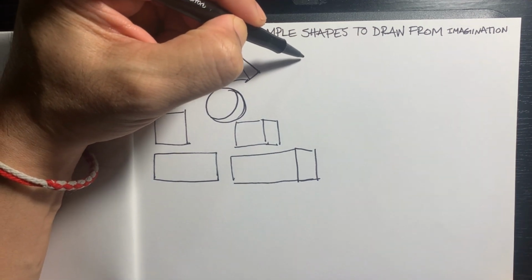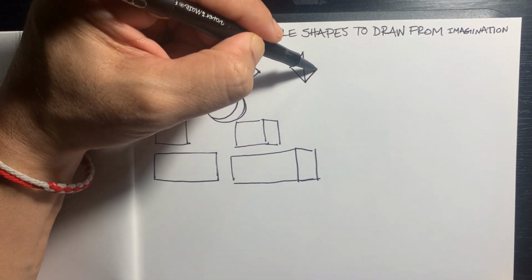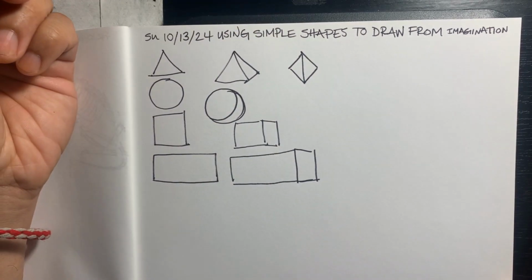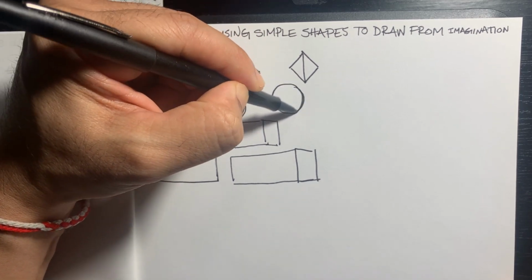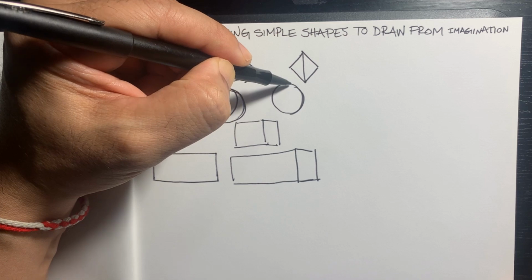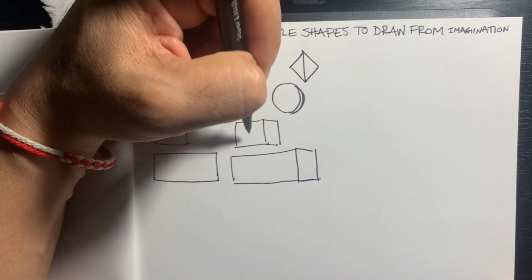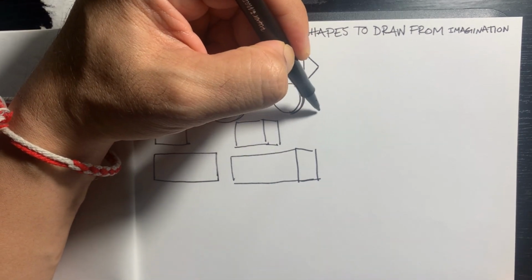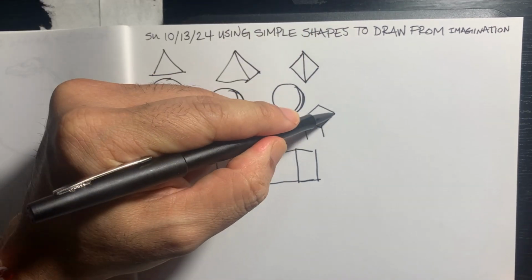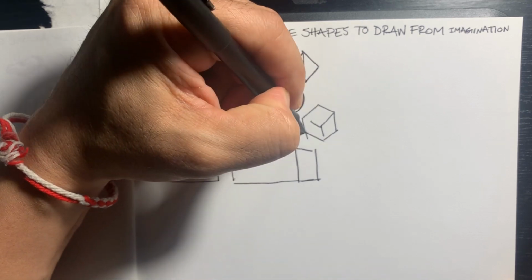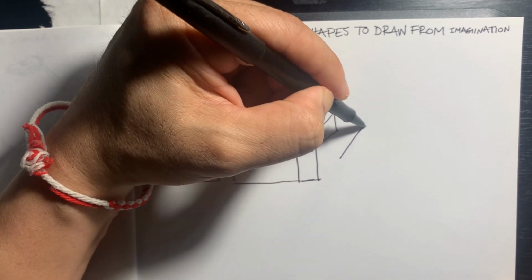So with the triangle, if you give it the other side but make it like that, then you've moved it in 3D space. Circle is basically just rolling around, so you could make the shadow thinner. With the cube, draw the square but at an angle, and you've got a cube. Same with the rectangle, just draw it at an angle.